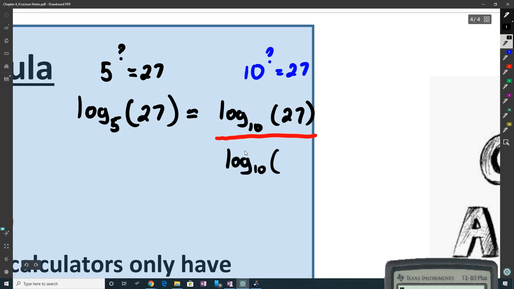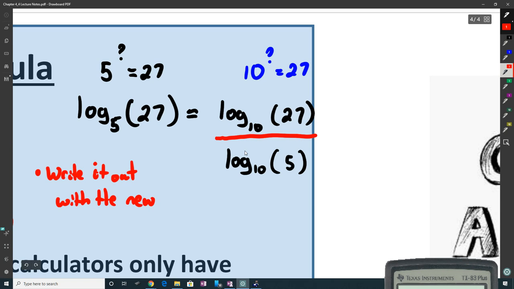So here we have log base 10 of 5. So there's two things. You just write your expression with the new base, but then again, that's very illegal.